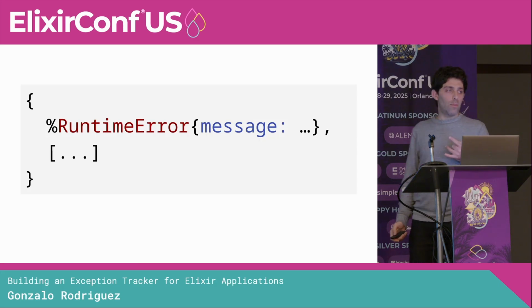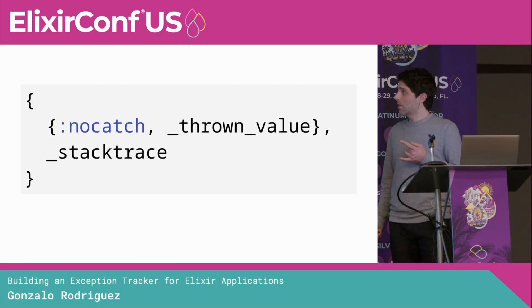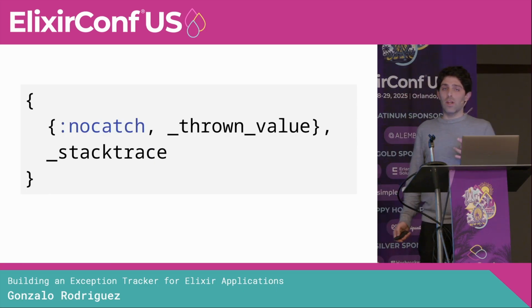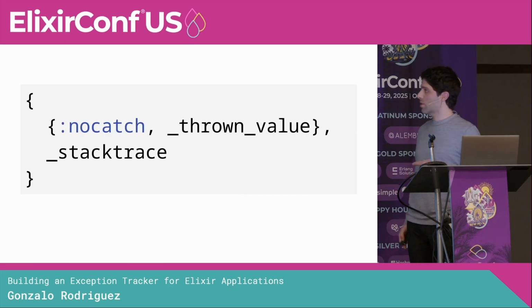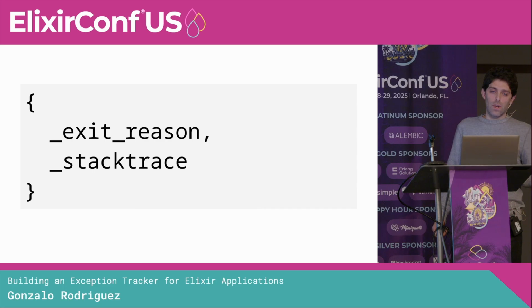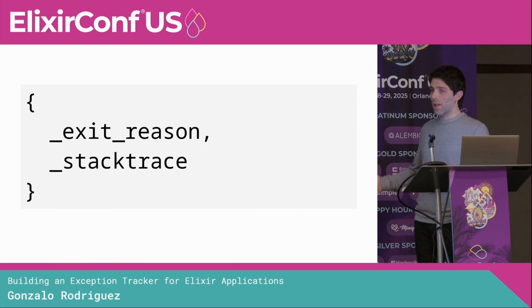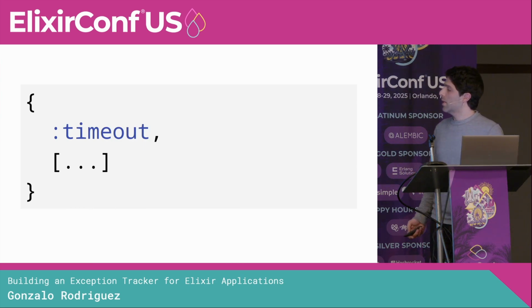It is most commonly an Elixir exception struct. It can contain a thrown value which wasn't caught in the application, with a special atom nocatch next to it. And all other matches are non-normal exits, like, for example, a process timeout or a noproc exit.